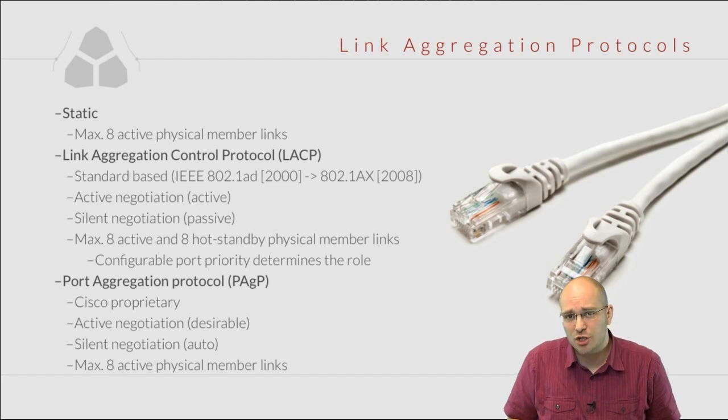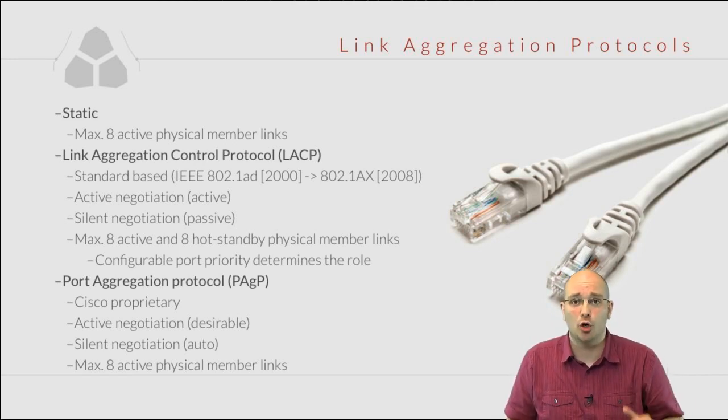The negotiation of the port channel can be performed using 2 methods. One is the active negotiation, where we send LACP frames. They're called LACPDUs, which stands for Link Aggregation Control Protocol Data Units.